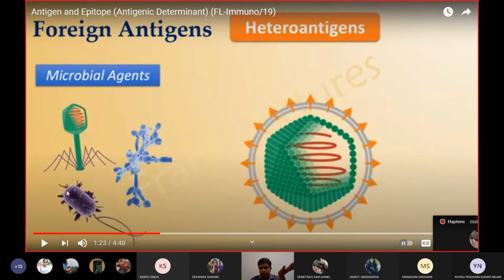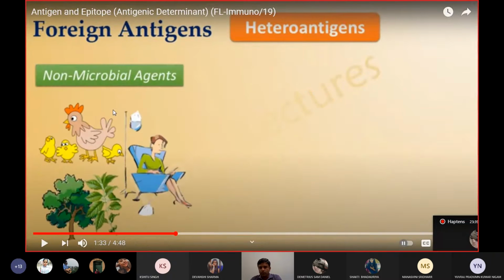Whatever protein this bacteria or virus has, it is foreign to the host. So even if you put a part of this into our system, our system will recognize it as foreign. So these are the microbial agents, and then you have the non-microbial agents.